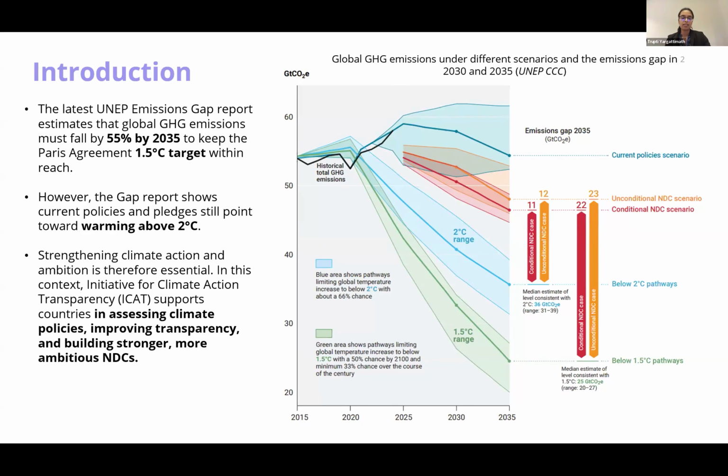And in this context, accelerating effective climate action and raising ambition is becoming more and more critical to ensure that emissions are being reduced and keeping us on track towards the Paris Agreement's temperature goal. This is where ICAT's resources can play an important role. ICAT supports countries in assessing the impacts of their policies and actions, and this will help strengthen transparency, effectiveness, and overall climate ambition.